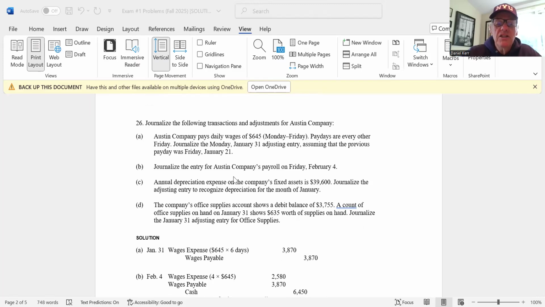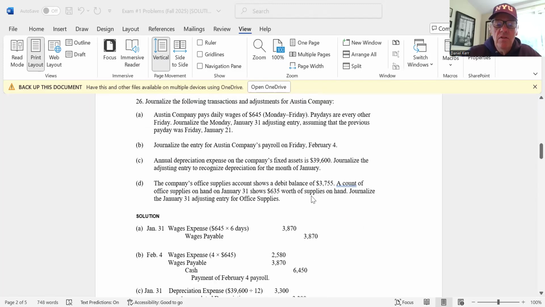And then B, journalize the entry to record the payroll on February 4th. For the payroll on February 4th, you've got 4 more days, because again, it's Monday through Friday in a 2-week period, and you've already accrued 6 days. So you've got 4 days of additional salary expense that wasn't accrued. It's 4 times 645, which gives you 2,580.